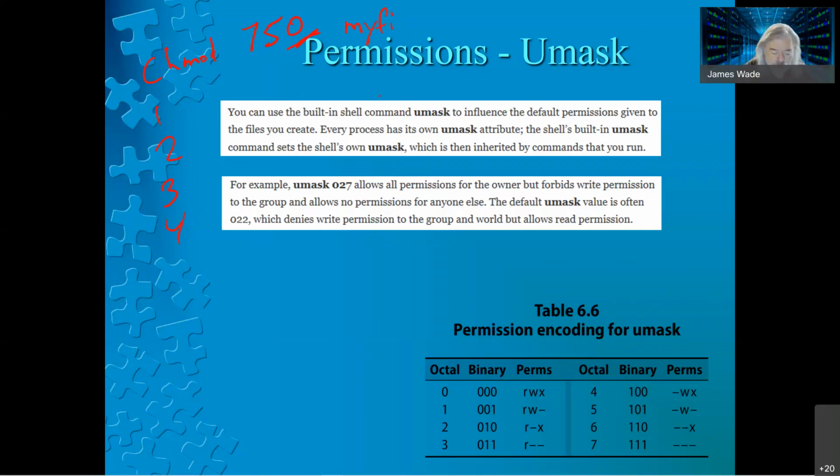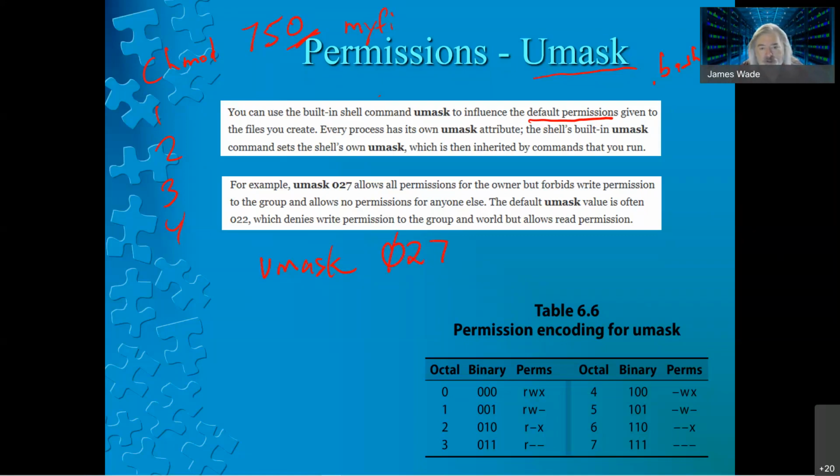So you can set what's called the umask to give default permissions to the files that you create. By the way, you can set this in your startup config files, like your .bashrc. Every time you log in, it sets the umask to 027. Now, here's the only thing that I don't like.